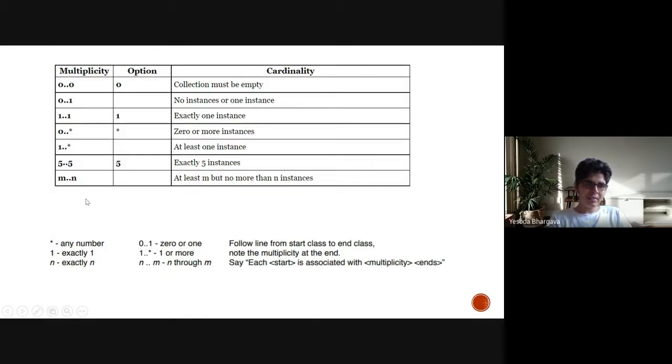It is fairly understandable, not difficult to remember. When you show the multiplicity by 0, it means the collection is empty. 0 to 1 multiplicity means one class can be associated with 0 or 1 instance of another class, and 1..1 would mean exactly one. This would be zero or many, one or many. These are some of the conventions used in multiplicities.